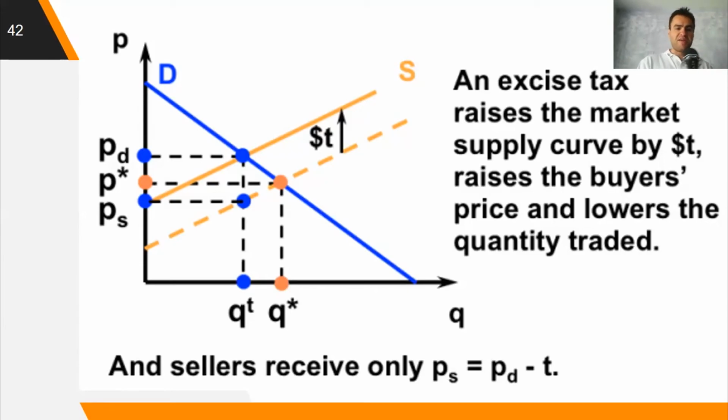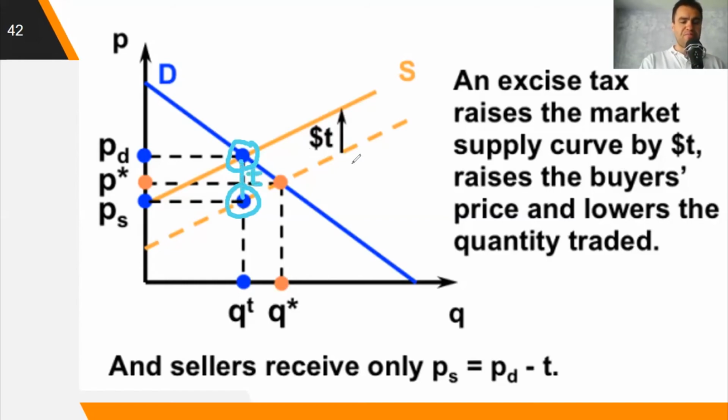So as you can see in the two blue dots near the equilibrium point, and I'm going to actually draw this, what you see from this point and from this point is the difference between the price paid by consumers and the price received by producers.